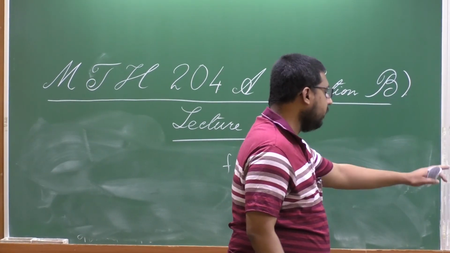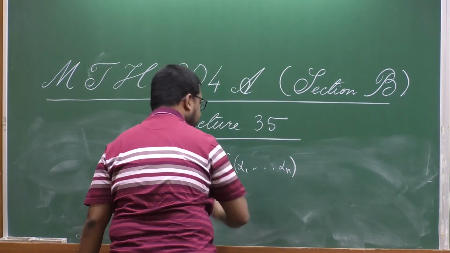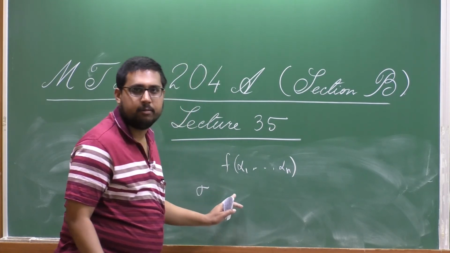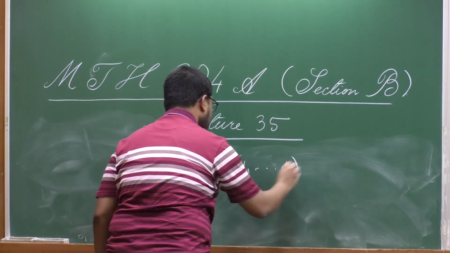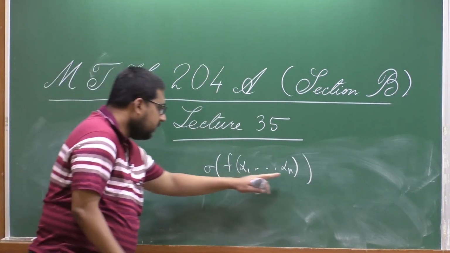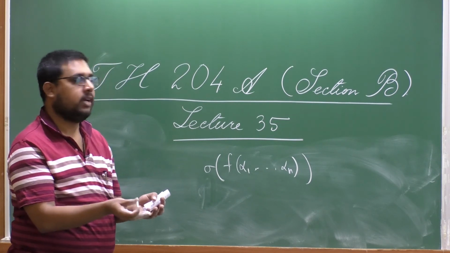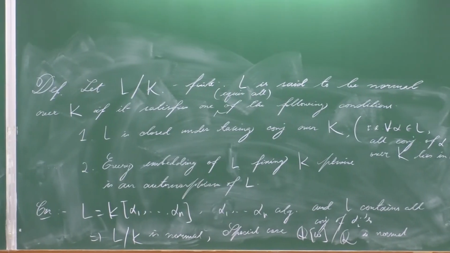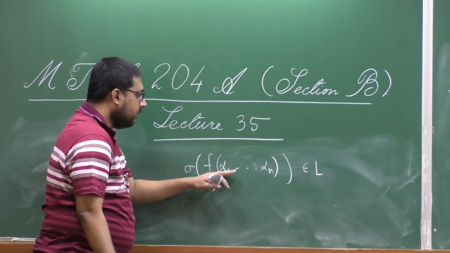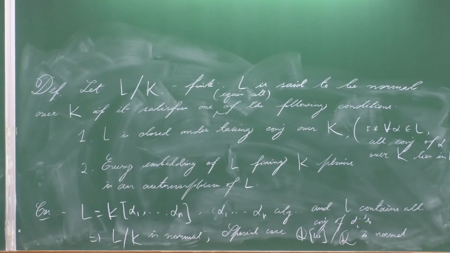Now if we consider any embedding, let sigma be an embedding fixing k, then once we apply sigma on this object, the coefficients are not going to be changed, and the alpha_i are being sent to their conjugates, but the conjugates are already inside L. So this object will lie inside L. Thus any embedding of L sends a typical element to inside L as well, and therefore we obtain that this is normal.